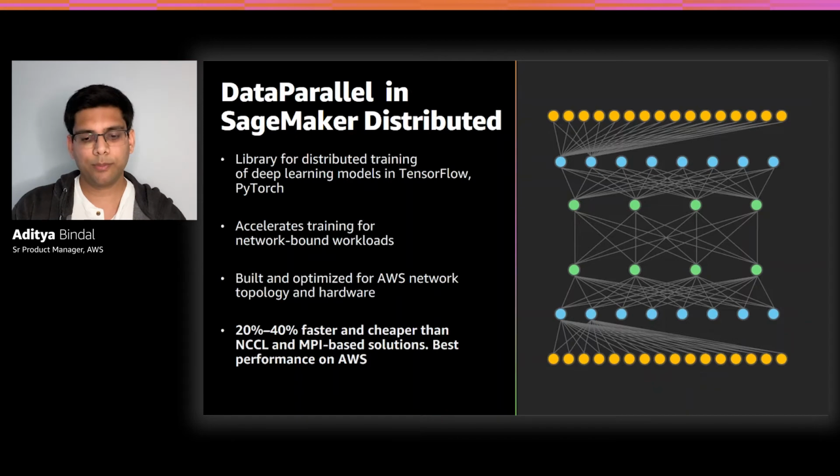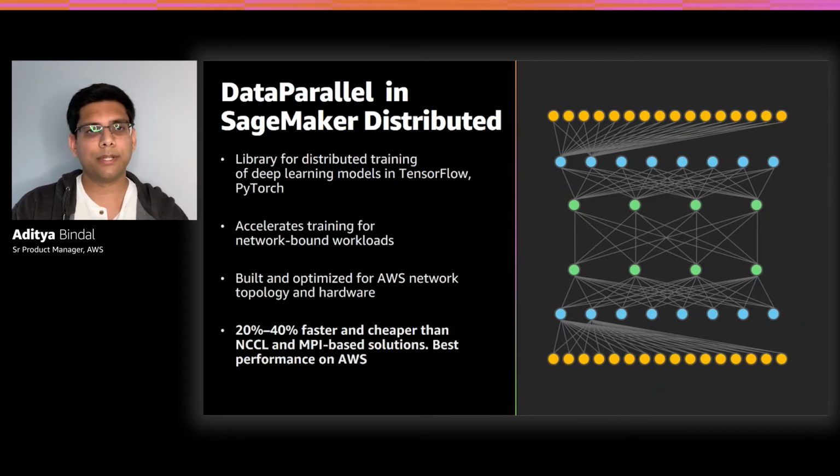And we've built this from the ground up to fully utilize AWS infrastructure and topology, leveraging the node-to-node communication between EC2 instances that's available. And this is a key point because a lot of the all-reduce algorithms or the parameter server implementations are specific to a slightly different topology and infrastructure.